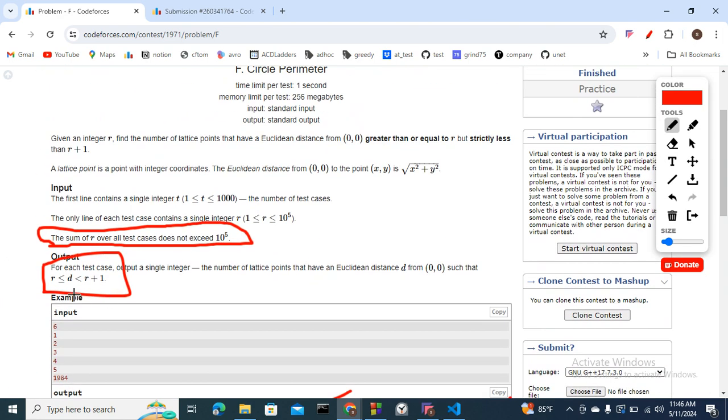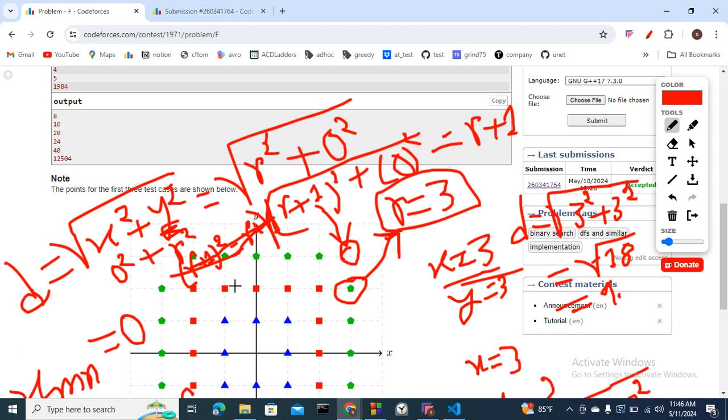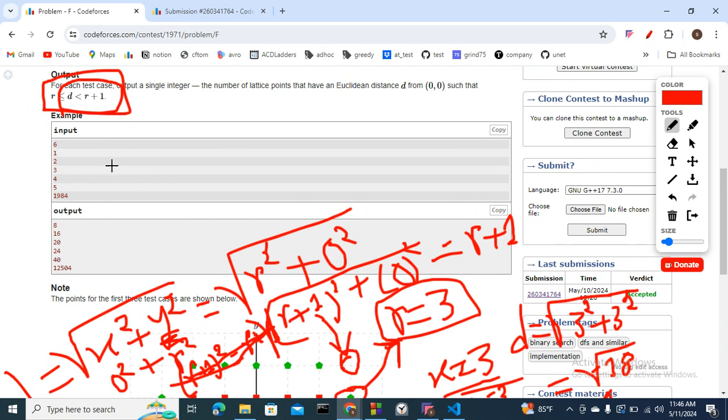But it is said that d must be less than r plus 1. So the minimum value of x is 0 and the maximum value of x is r. So we can iterate from 0 to r, and in each case we want to calculate the number of y that satisfies the condition.